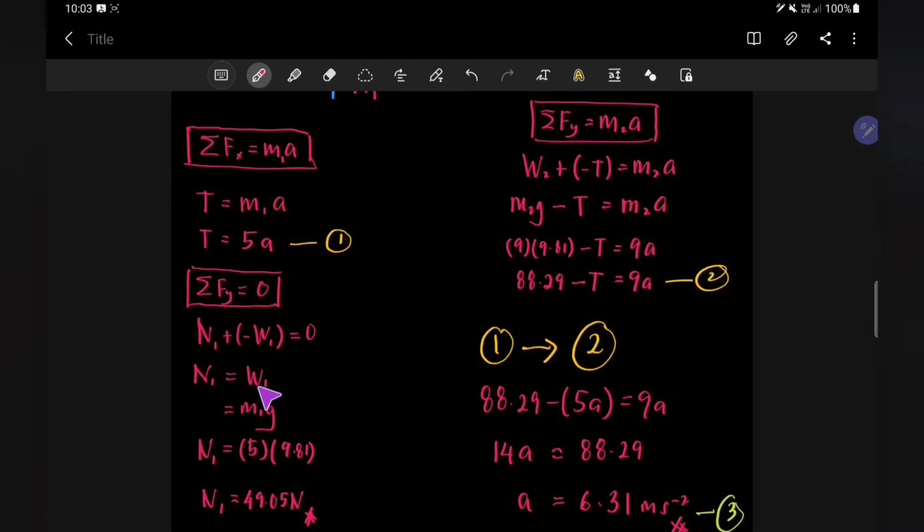So N1 equals W1, where W1 is the weight of the first body, which is m1g. M1 is given, 5 kilograms, and g is 9.81, which is our constant. So N1 equals 49.05 Newton. Leave it first, I think we don't have to use these values.